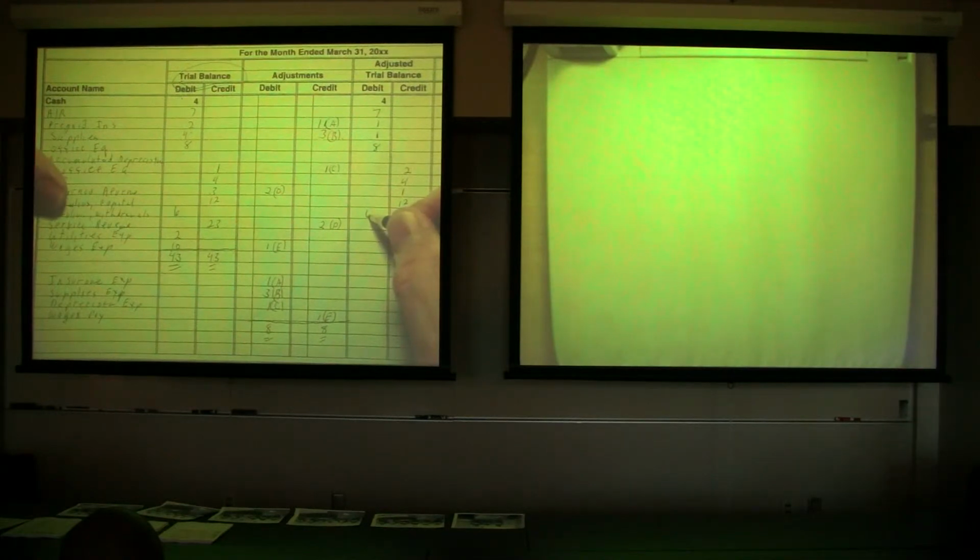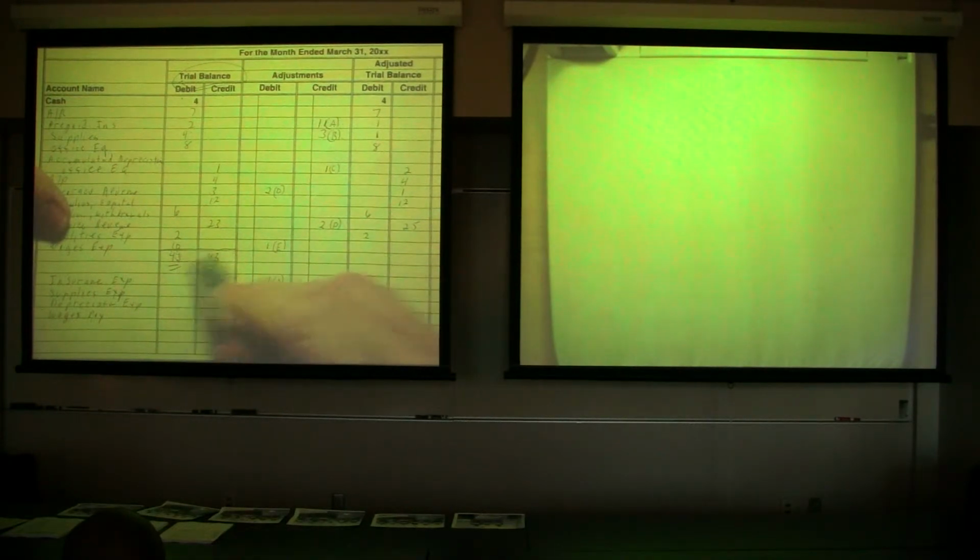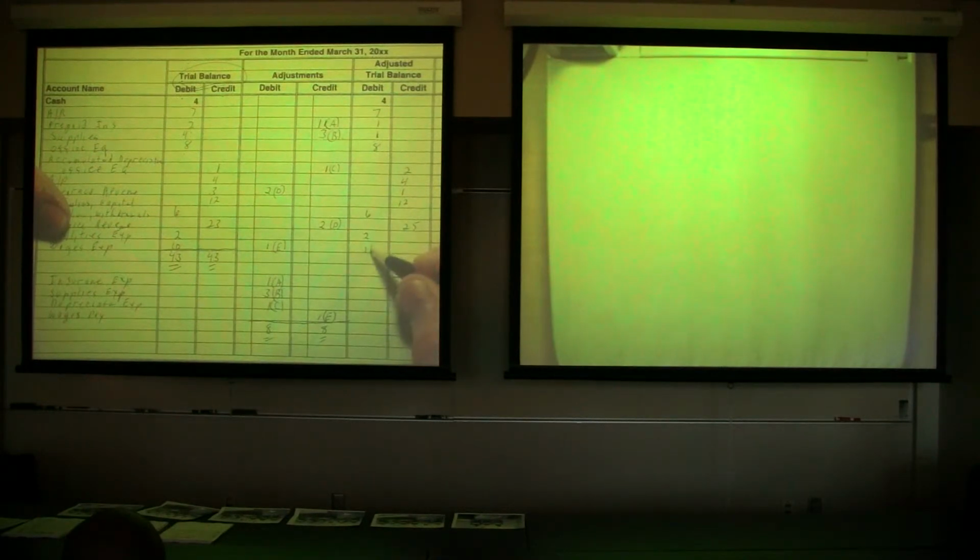Withdrawals didn't change. Service revenue is up to 25, because it was 23. We earned 2, now it's up to 25. Utilities expense didn't change, so it's a debit of 2. Wages was 10, went up by 1, so now it's a debit of 11. Insurance expense was 1. Supplies expense is 3.